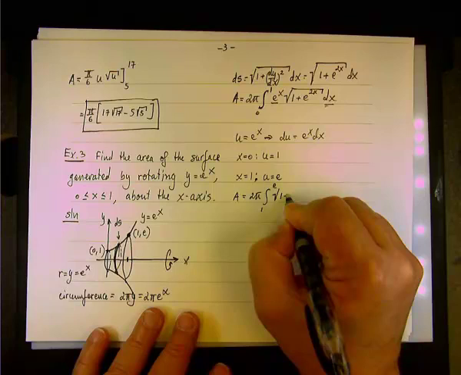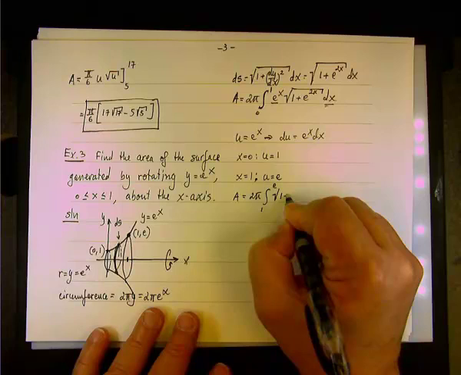So we have A equals 2 pi, the integral from theta 1 to theta 2, and instead of the square root of 1 plus u squared, we have secant theta, and instead of du, we have secant squared theta d theta.